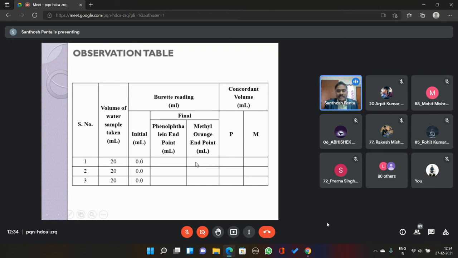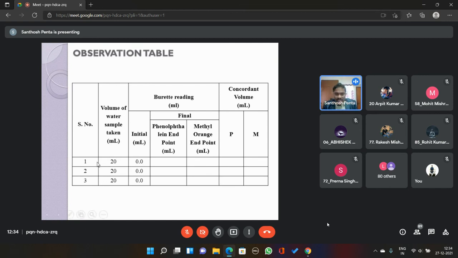Let us assume that the total volume of acid consumed is 30 ml. Then you are required to write 30 ml. Don't subtract 30 minus 15 again. Don't write 15. You consider from 0 till the end. When the solution turns pinkish red, stop the titration. Note down the reading. That is the total volume of acid consumed.